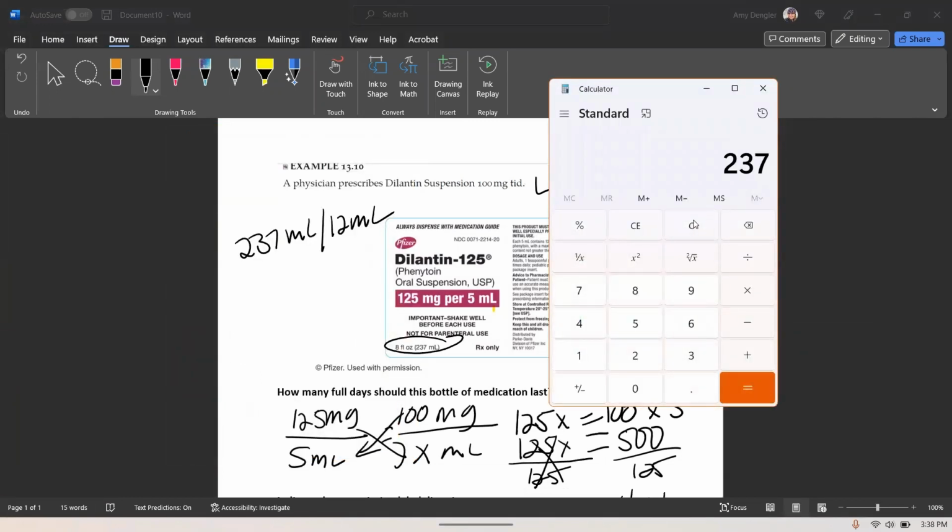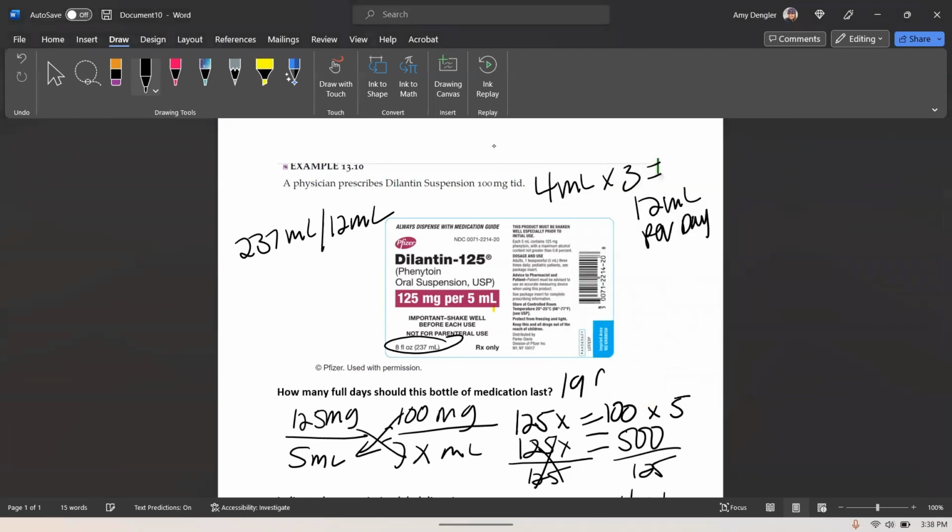So 237 divided by the 12 ml they're taking per day would be 19.75. So that would be 19 full days.